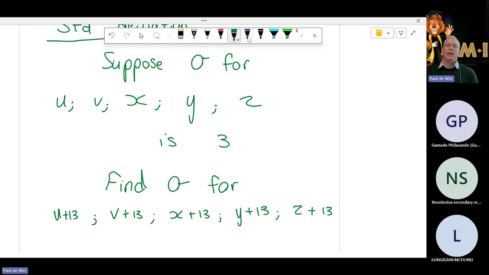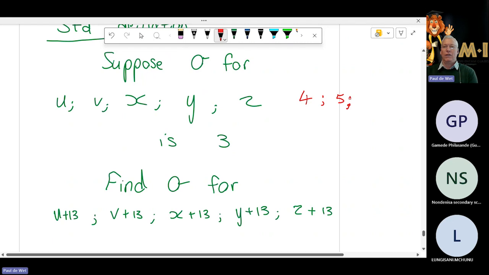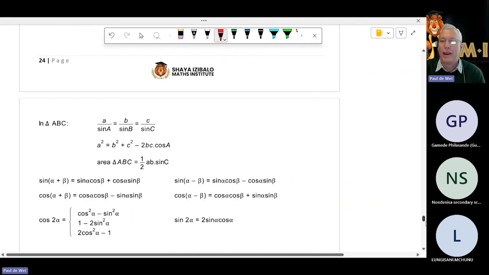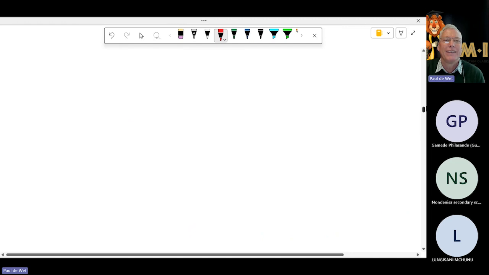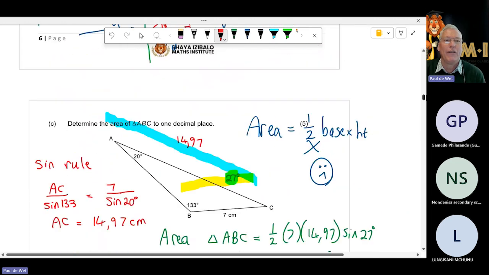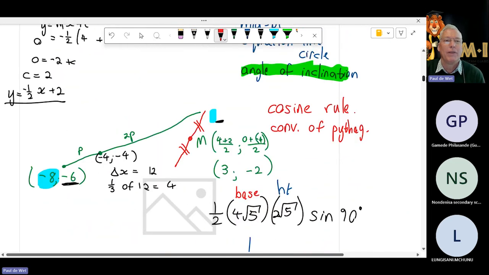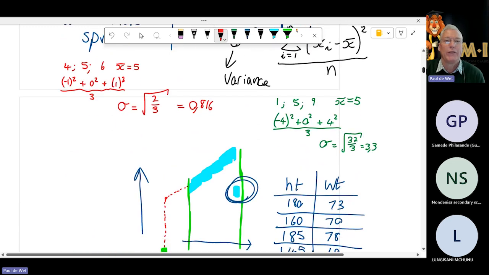On the side here in a different color pen, I'm just going to do a numerical example. You might remember earlier today we found the standard deviation of 4, 5, and 6. It was a while ago. I'm going to quickly go and find out what the answer to that was. It's right up at the top somewhere. Goodness, we've done a lot of work today.